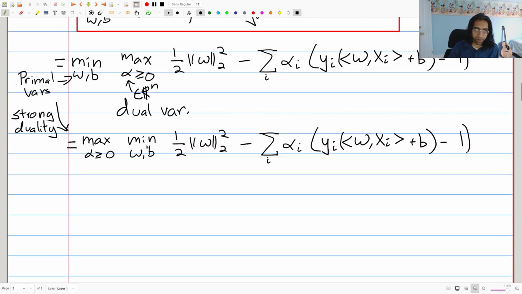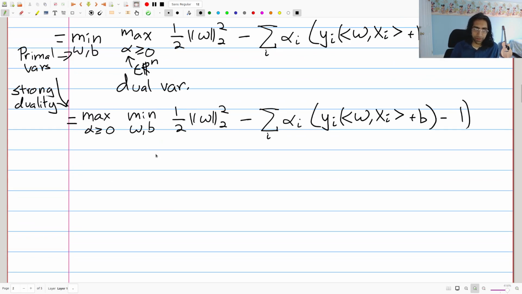Now the cool thing is that we can simplify this optimization problem by first solving the internal optimization problem. If you ignore the alpha and consider it some fixed thing, and you try to solve this minimization problem for any fixed parameter vector alpha, we know exactly how to do that.